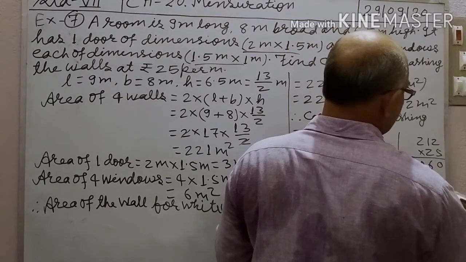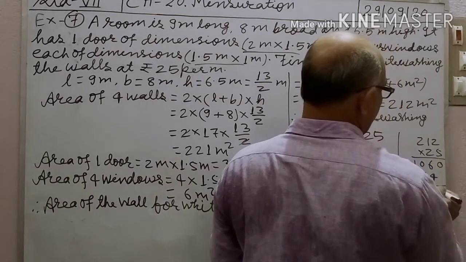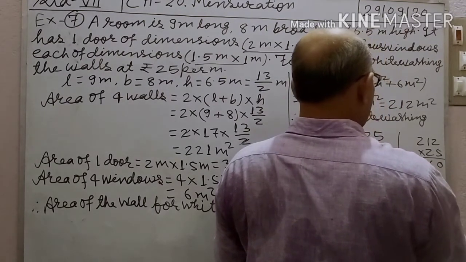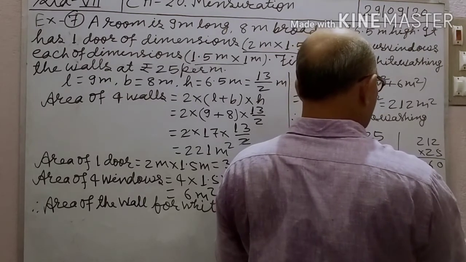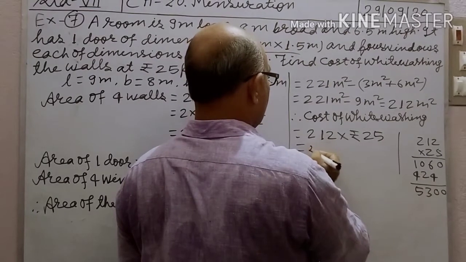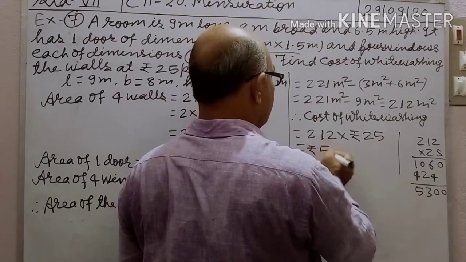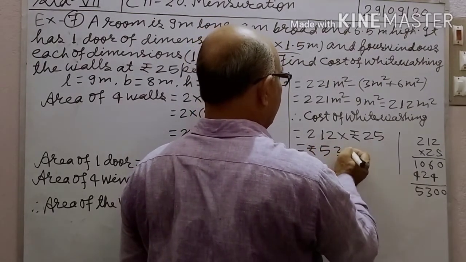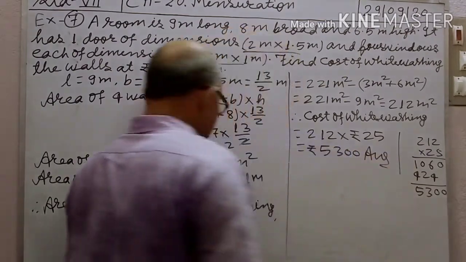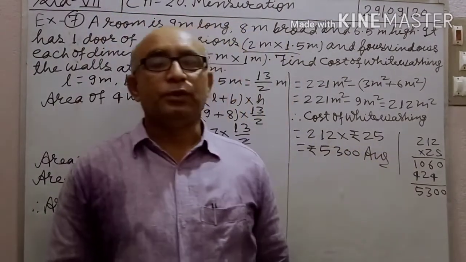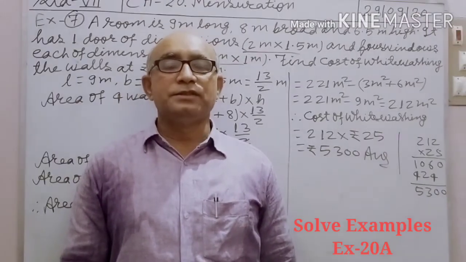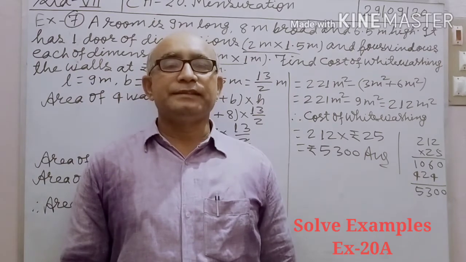Add it: 0, 6 plus 4 is 10, 0 carry 1, 2 plus 1 is 3, and 4 plus 1 is 5. Equal to rupees 5,300. Answer. Students, today your homework is to solve examples of exercise 20A.